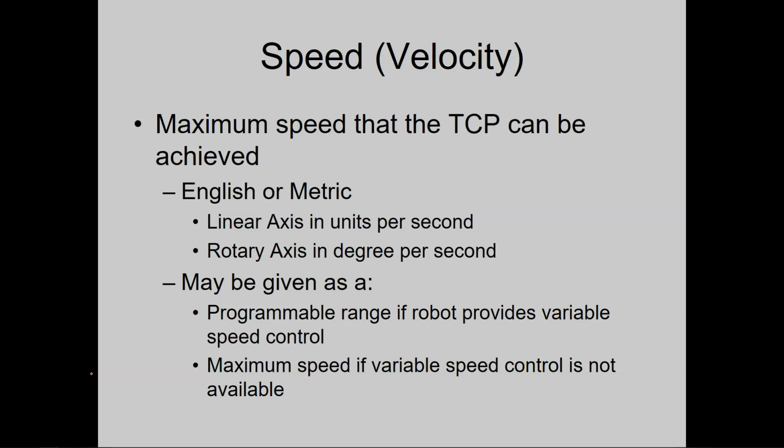If it's in a rotational axis, it gives you degrees per second. If the robot has variable speed control, it can give you a range. It can give you the maximum speed possible if there is no variable speed.